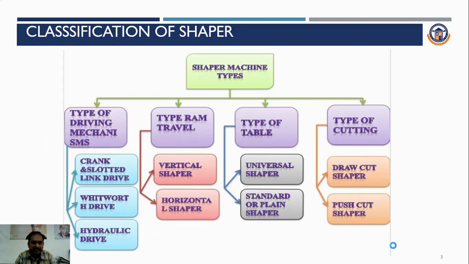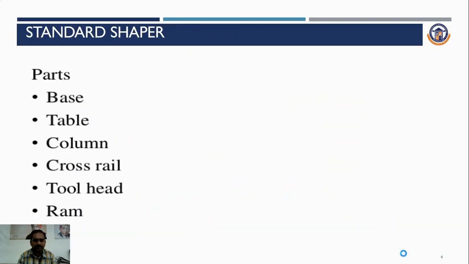For the type of ram travel, we have the vertical shaper and the horizontal shaper. For the type of table, universal shaper and standard or plain shaper. For the type of cutting, we have the draw cut shaper and the push cut shaper.